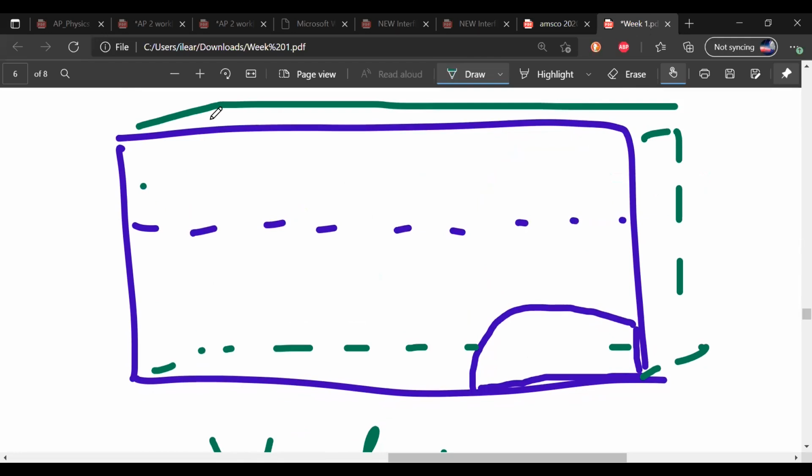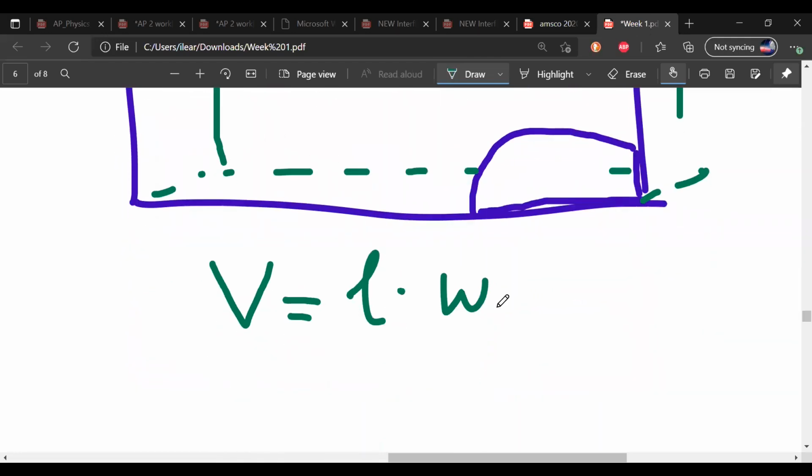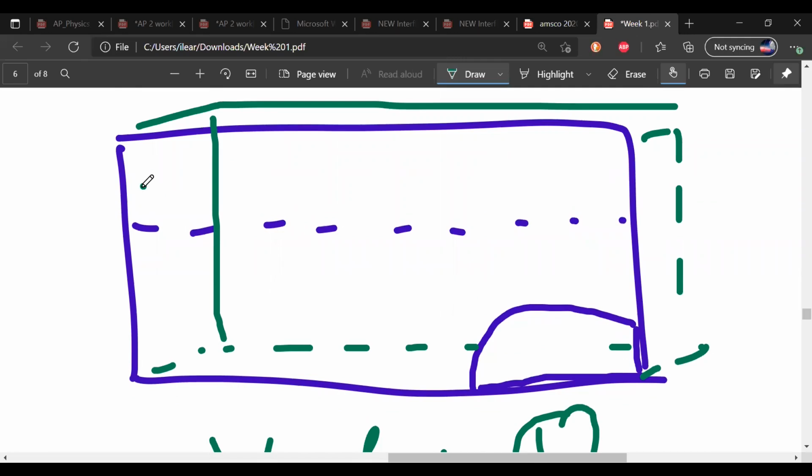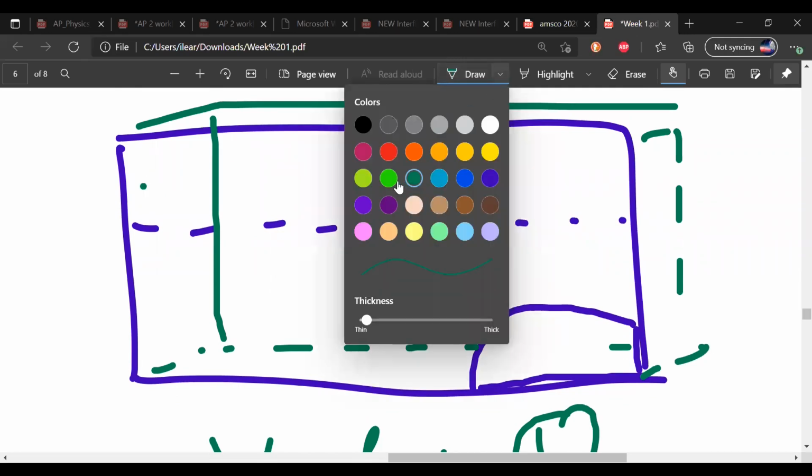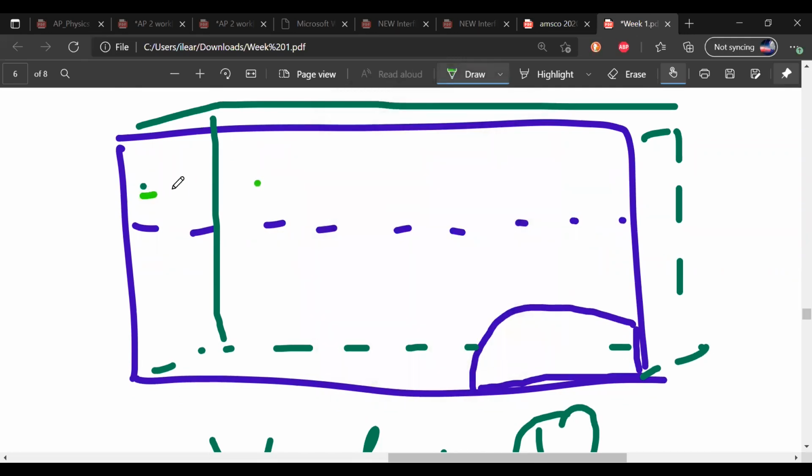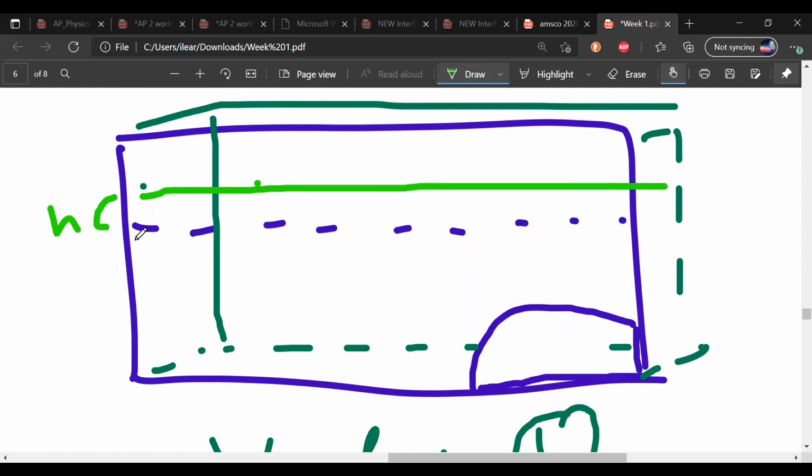Now times height. The height is what we're trying to find, the height of the water displaced. Because the water, since we have something new here, gets displaced to a new level right here. That's in light green. So what is this difference in height? That's what we're trying to find.